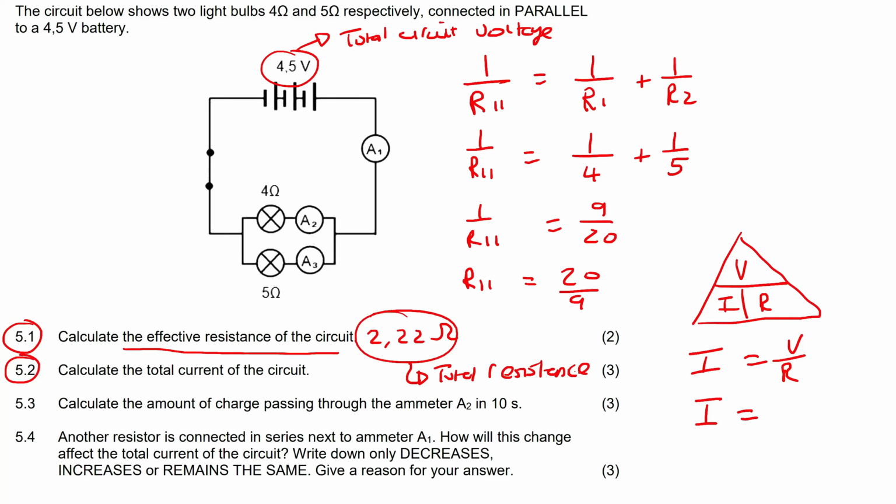So we could literally just say 4.5 divided by 2.22, and that'll give us 2.03 amps if you round to 2 decimal places, 2.03 amps.